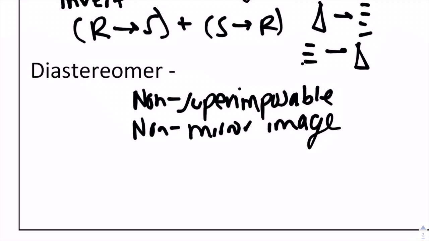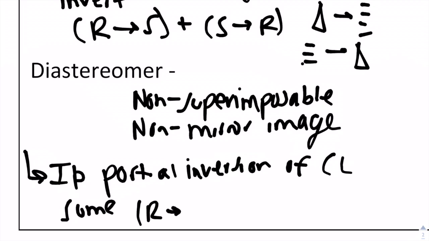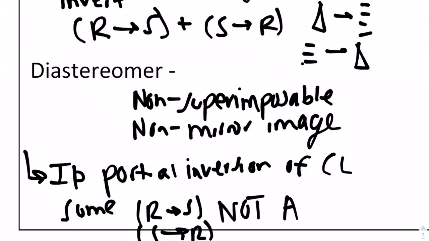Okay, so we could identify this by seeing partial inversion of chiral centers, meaning some go from R to S and S to R, but not all. Not all. I guess that's important to write. Not all of them do. Okay, so that's what makes it the non-mirror image.